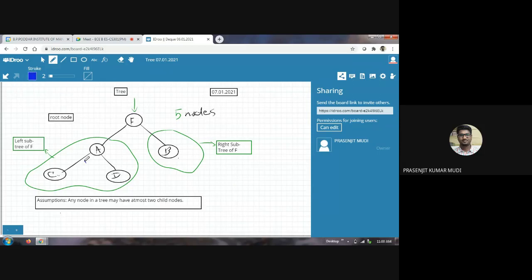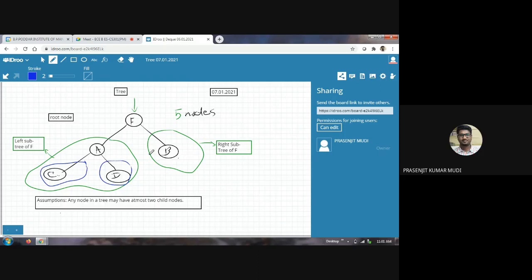Anyway, if I consider A as a node, and with respect to A I want to find its left and right subtree, this part will be called the left subtree of A, and this part will be called the right subtree of A. These left and right subtrees are defined with respect to a particular node. Corresponding to node B, there are left and right subtrees, but those are empty, because not a single node is present there. So this is the meaning of left subtree and right subtree.